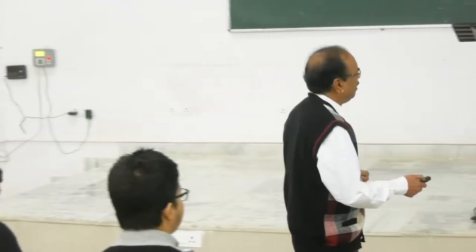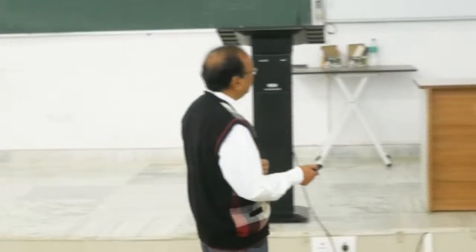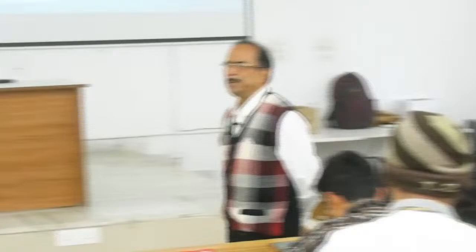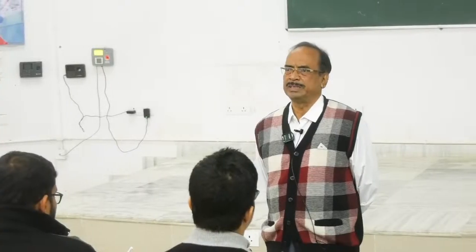Next is disease specific mortality in a year, in a place. Due to cancer, how many people are dying? Due to tuberculosis, how many people are dying? True death rate.